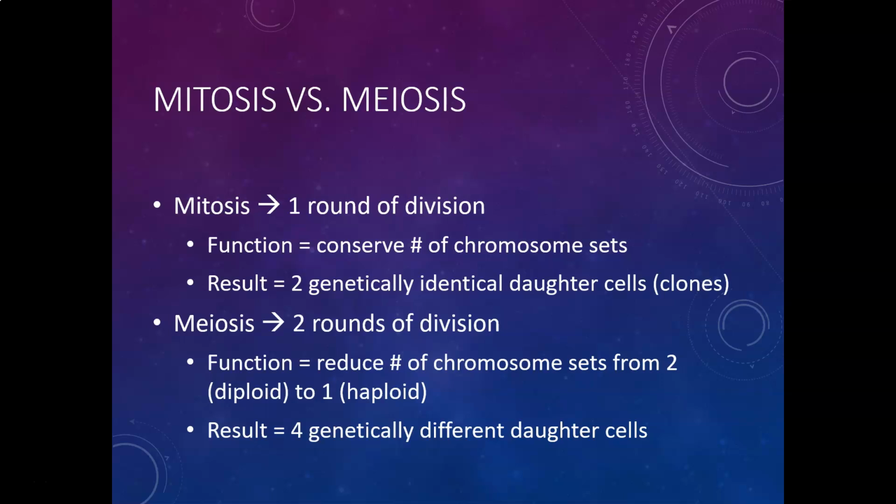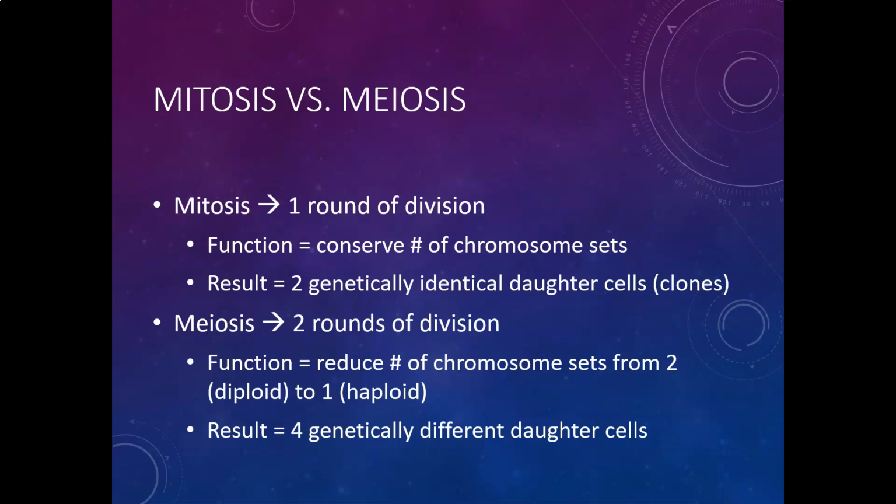We go through meiosis, however, and this is pretty much standard reproduction. That's its purpose. And so in order to make this work appropriately, we go through two rounds of cell division because in this case, the organisms who do meiosis are trying to reduce the number of chromosomes.